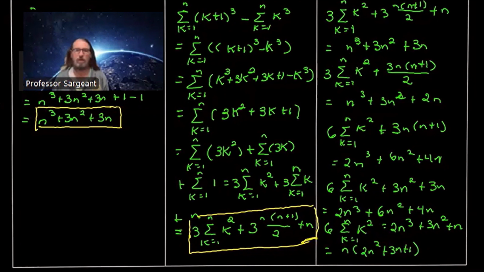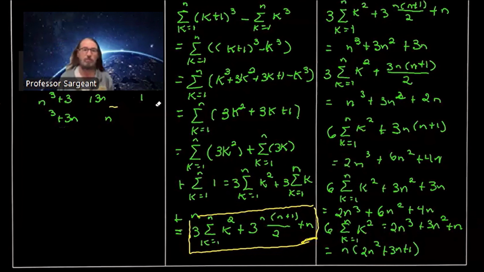Going to do some more factoring, and then divide by 6 to isolate what it is we're looking for, which is the sum of the squares of those first n positive integers.